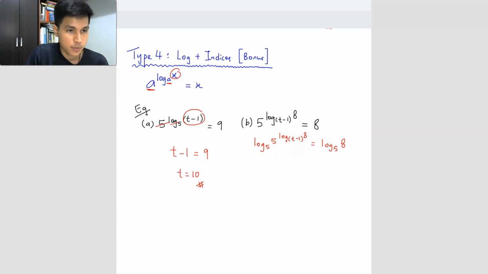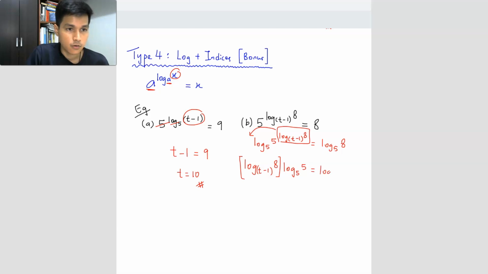So remember what I said just now? When you have the power here, this is the power for 5, right? So I can bring this to the front. So I get log t minus 1 base 8. This is the first one here. And then on the left you get log 5 base 5, because I bring it to the front already.